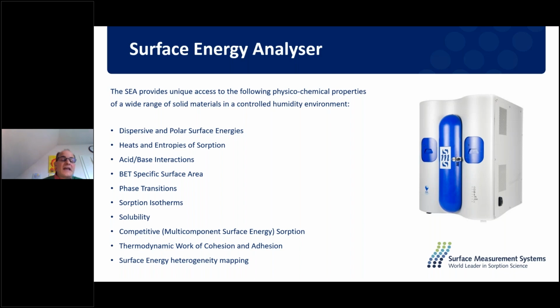You can measure phase transitions, in this case more of a surface phase transition, that you can see with inverse gas chromatography. And when you go into the material, you can also measure solubility parameters of materials, especially solid materials and composites. And of course, when measuring the surface energy, you can calculate the work of cohesion and adhesion between different materials.